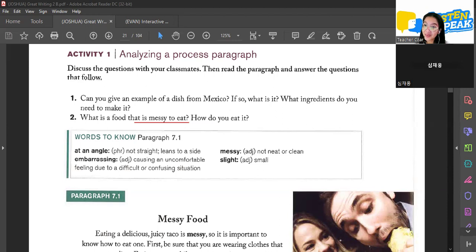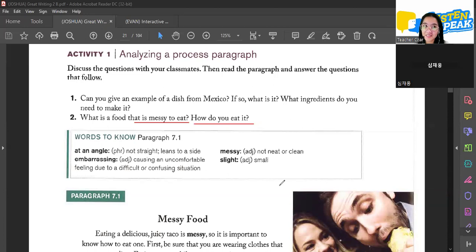Hamburger. A hamburger. Okay, why is it? Because the patty goes off, or the bread goes off, or the sauce goes off. Yes, that's right. Very good. So you said that hamburger is also messy to eat. How do you eat a hamburger without getting messy?